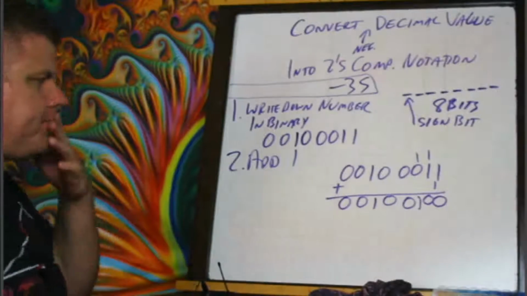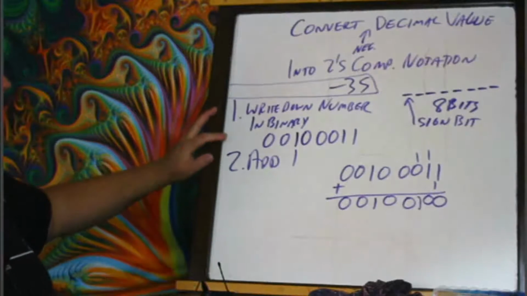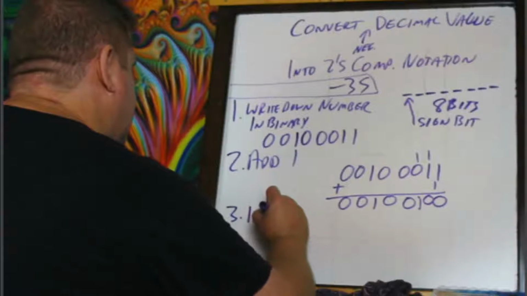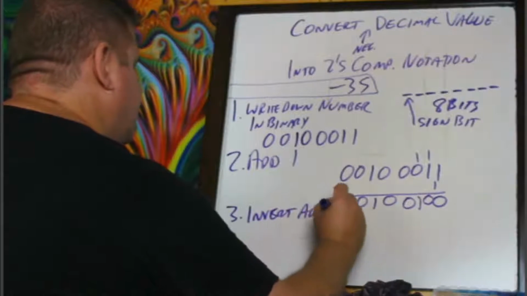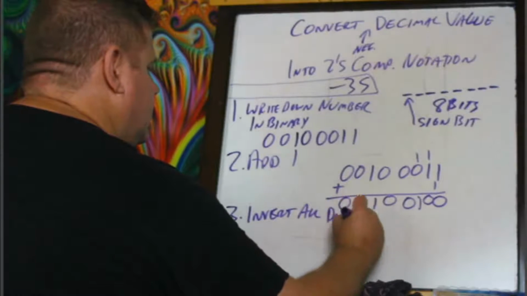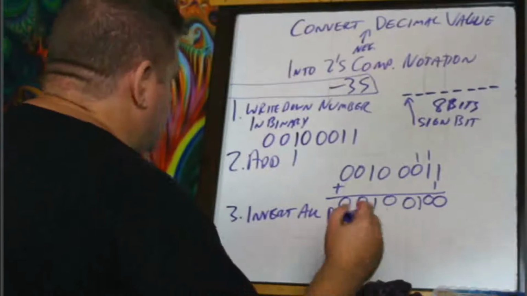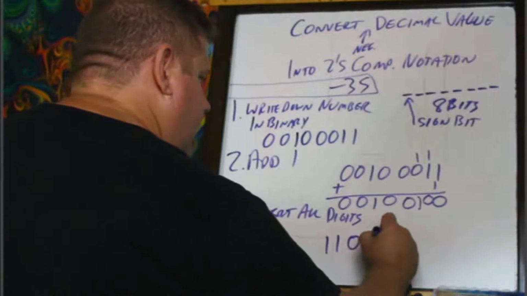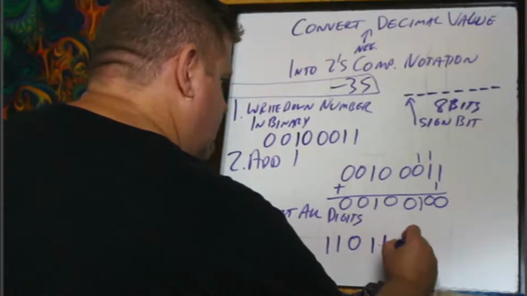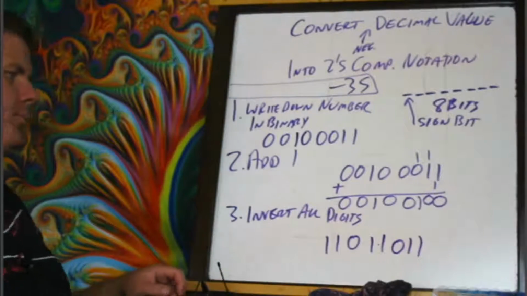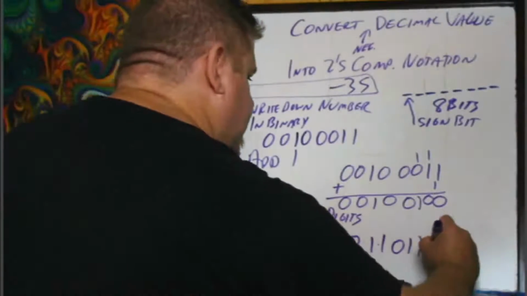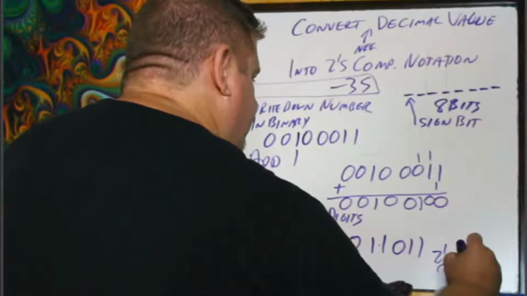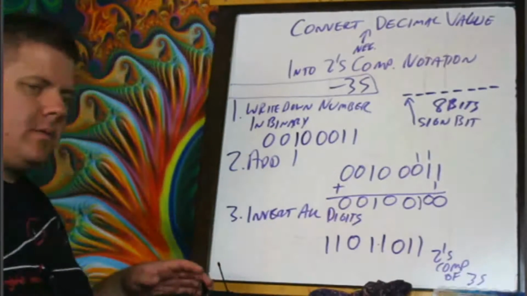So write down the number in binary, add 1, and the third step, invert all digits. So that means 1, 1, 0, 1, 1, 0, 1, 1. Okay, so this is the 2's complement of 35.